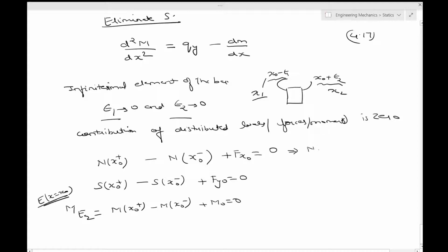Then you have N of x naught plus equal to N of x naught minus Fx naught.